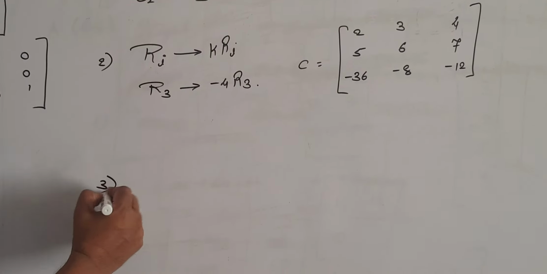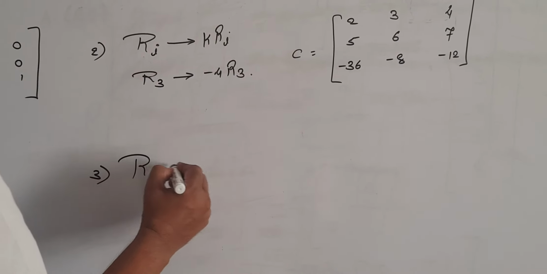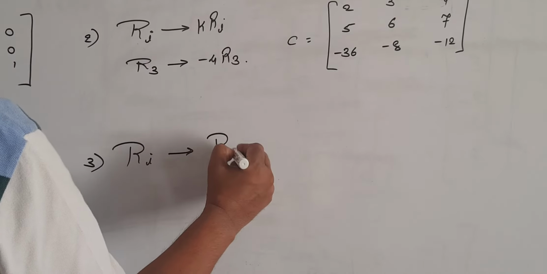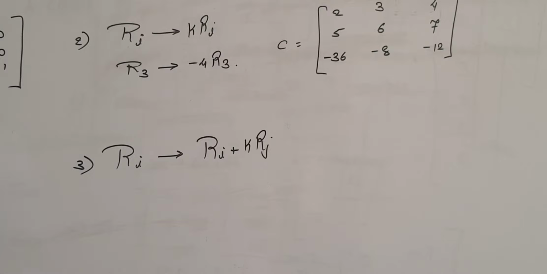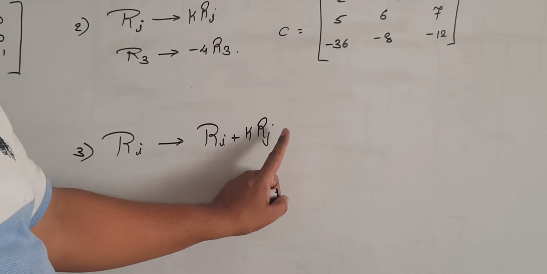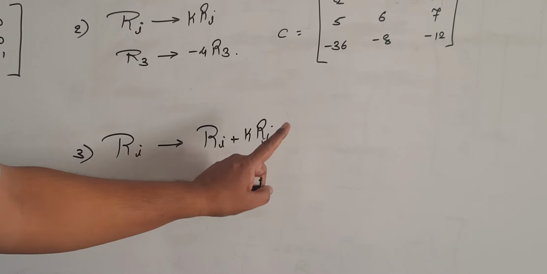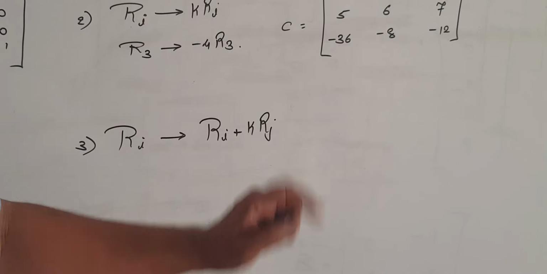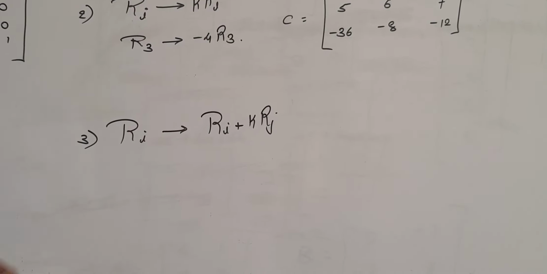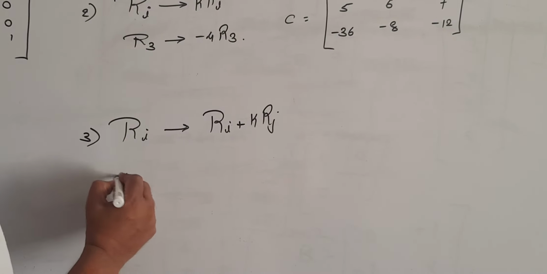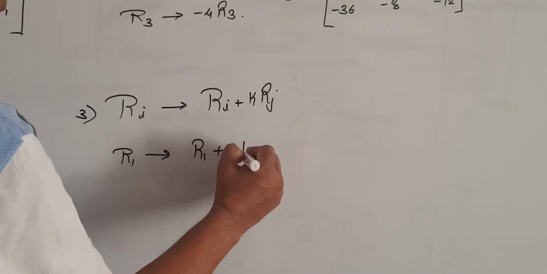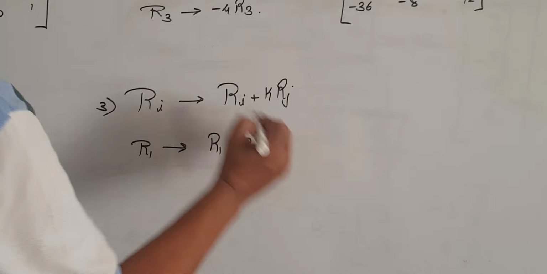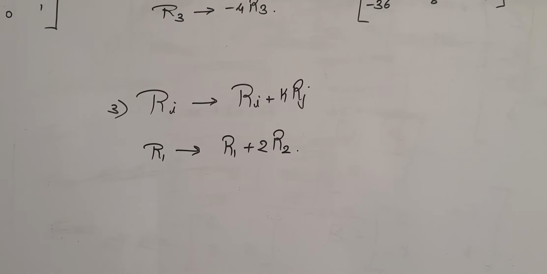And the third one, Ri to Ri plus k Rj, means multiply k to the elements of the jth row and add to the elements of the ith row. Now I show you in matrix A, R1 to R1 plus 2 R2. What is the meaning of this?